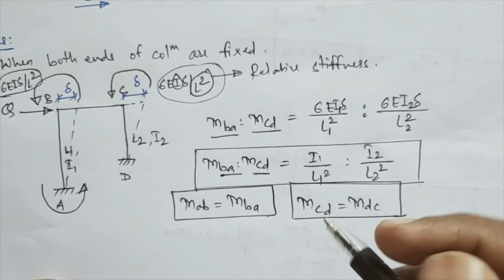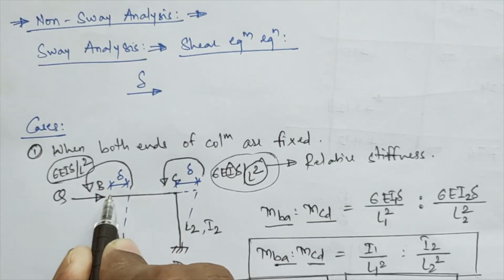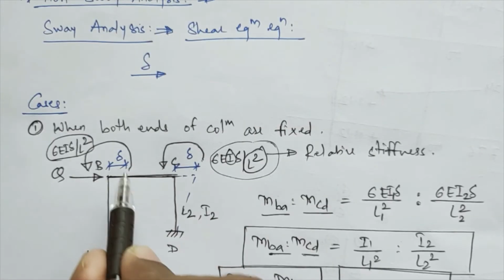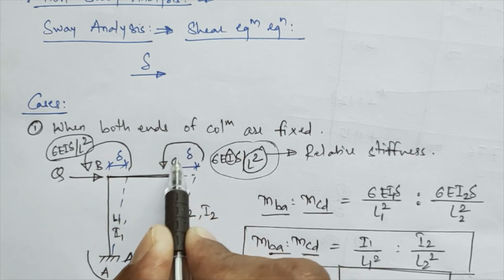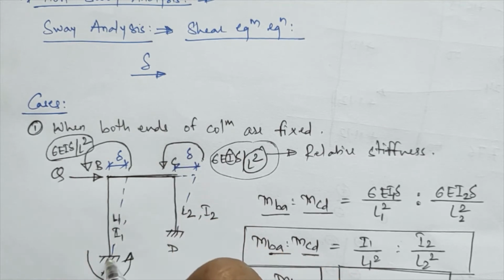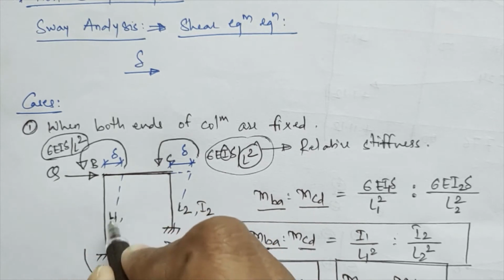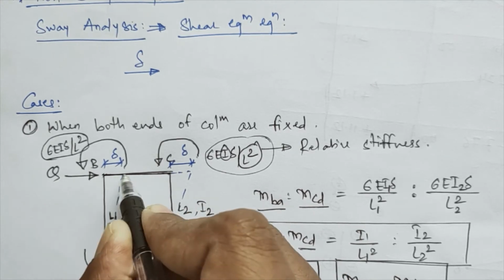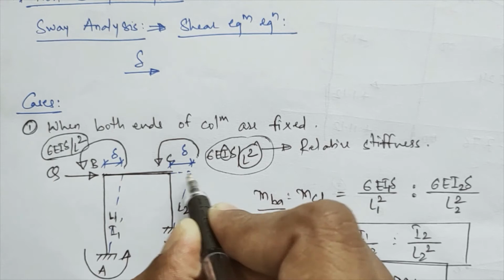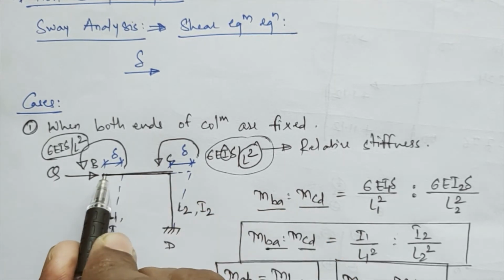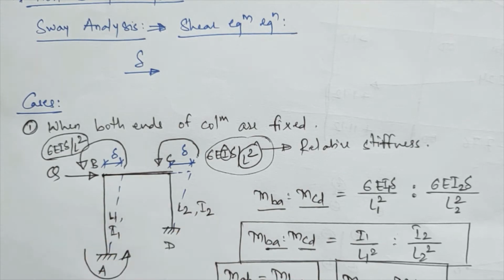Okay, one more thing. The horizontal member we are seeing is your member BC. For BC, the sway coefficient delta that is occurring will affect only the column members. Because if your length is L1, after swaying the length may change or elongation may occur at point B and point C, but that will not make any effect on the length of the BC member.